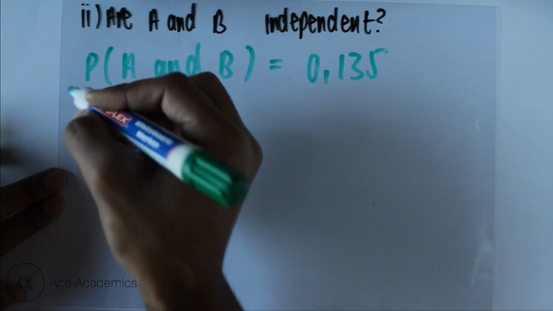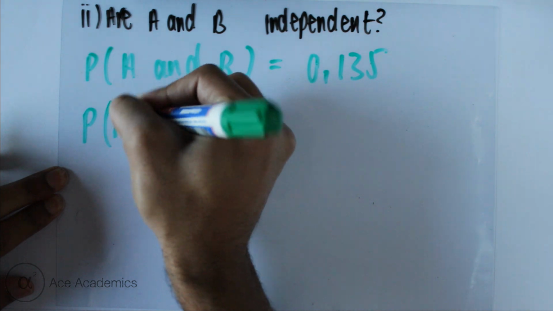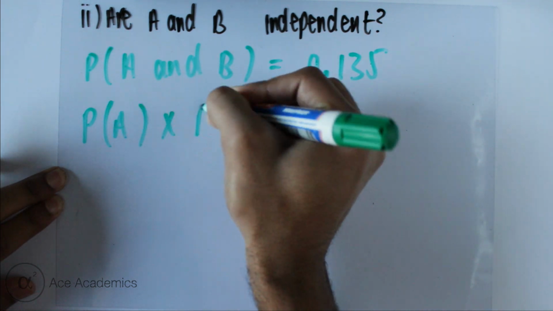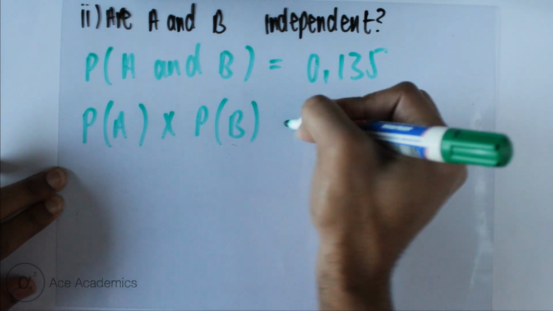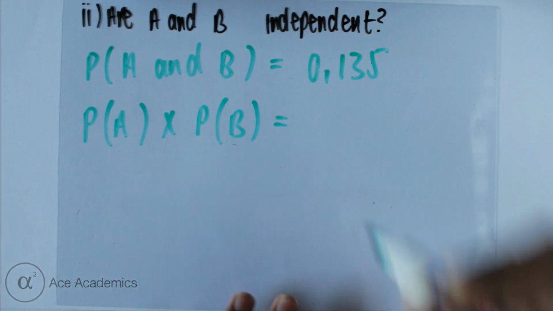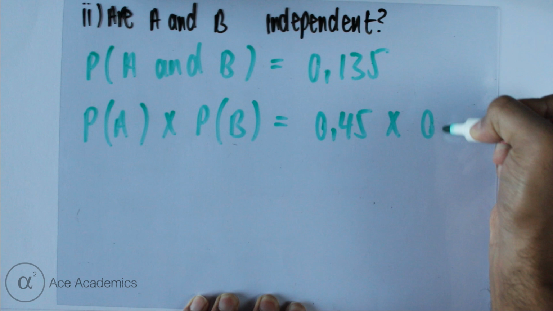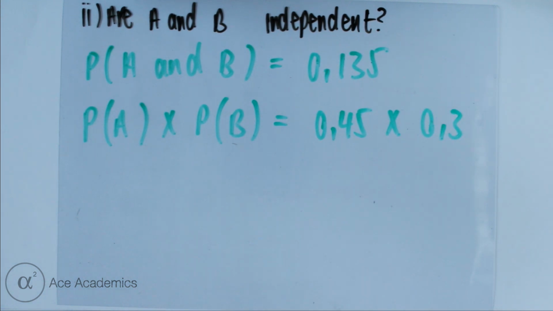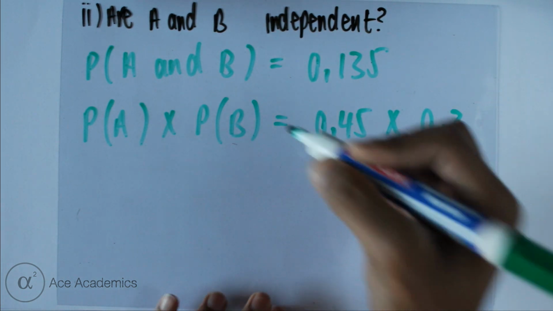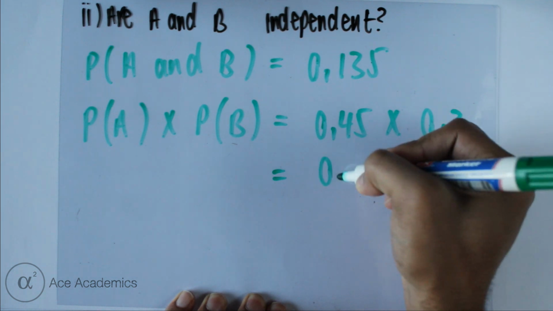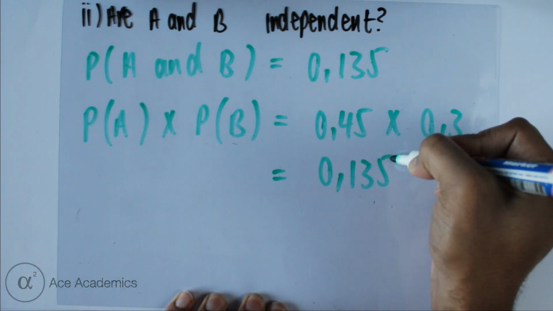Now, let's look at the right-hand side of the product rule. The probability of A multiplied by the probability of B. And that was simply 0.45 multiplied by 0.3. And 0.45 multiplied by 0.3 is simply 0.135.